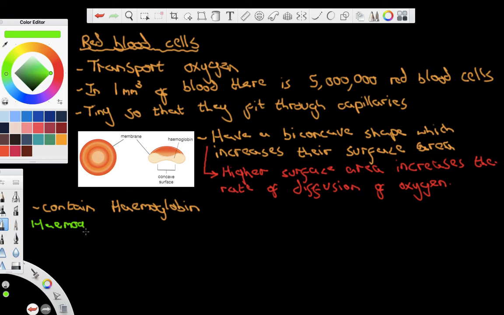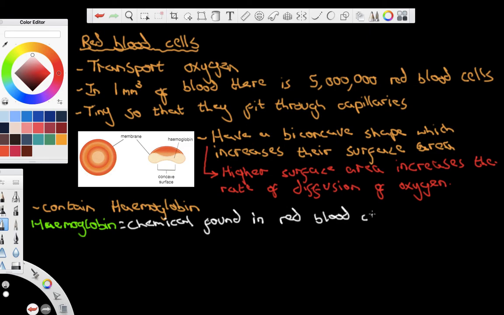H-A-E-M-O-globin. Hemoglobin can be defined as a chemical found in red blood cells which binds to oxygen to transport it around the body.